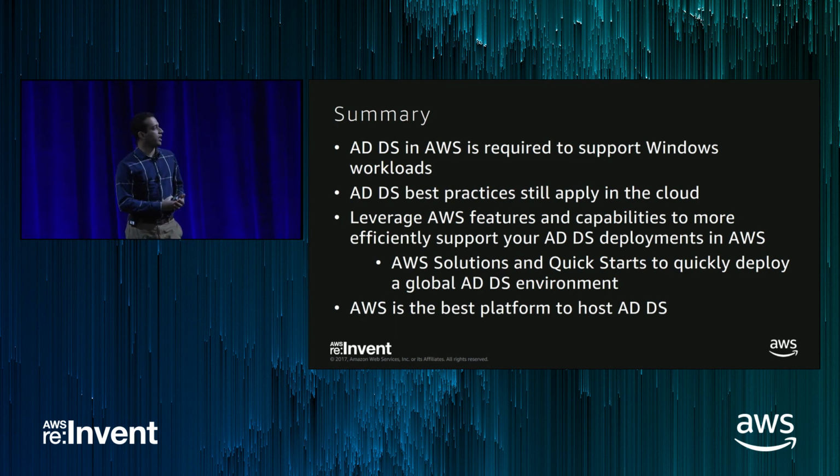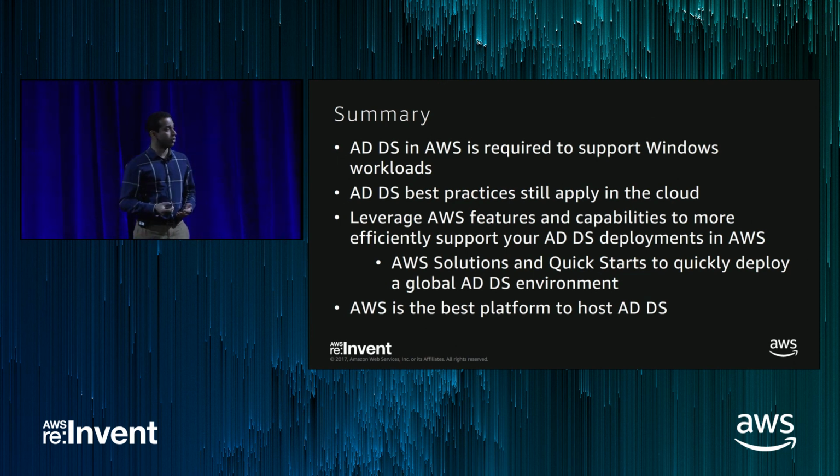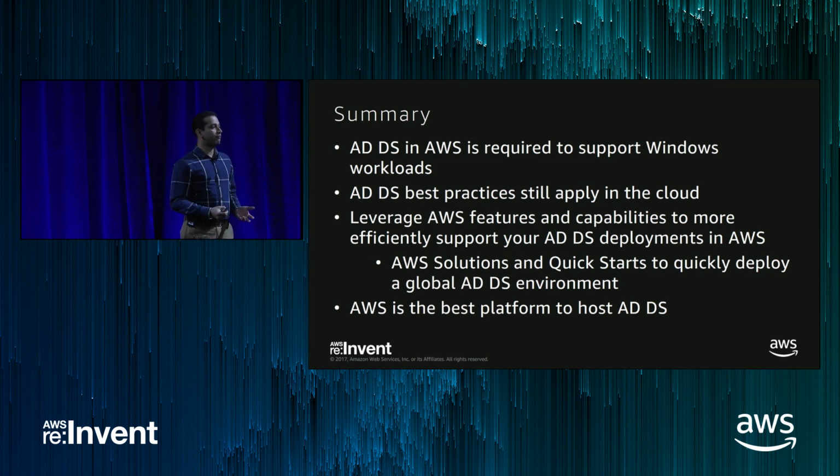But on top of that, we also apply AWS best practices while we deploy the Active Directory. Lou talked about Quick Start, so leverage all these tools. You can deploy them not only reliably and scalably, but also really quickly, right? AWS is the best platform to host ADDS. Take advantage of that. Take advantage of all the features we have, the availability zones, the security groups, everything you have to deploy them.